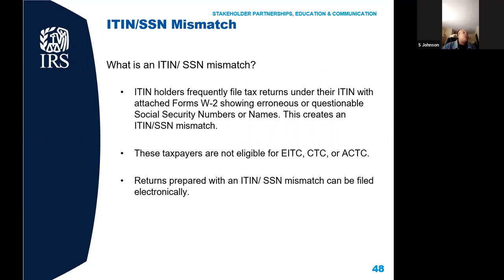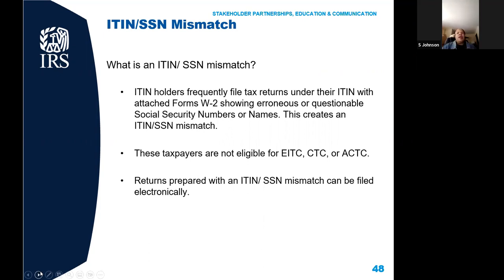But say you work and you have what I call a social security number that is undocumented, and they need to put that in when they put in the income statement. That's what we call a mismatch. It's nothing to fear, it's just what we call a mismatch.